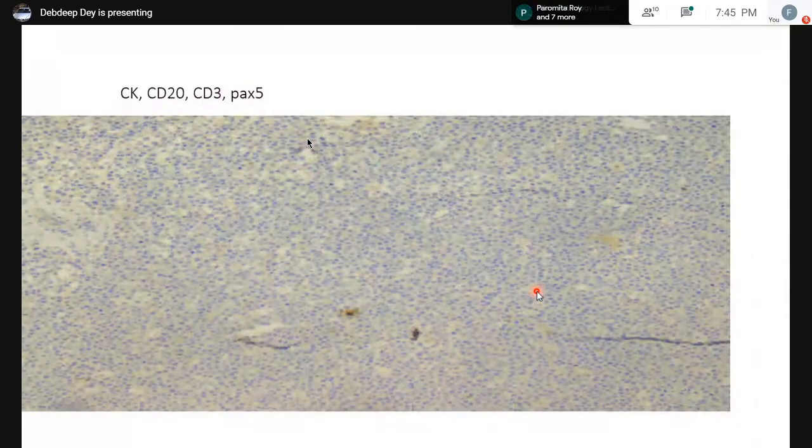When we did the markers, it was CK negative, CD20 negative, CD3 negative, and PAX5 negative. So whenever you think this is a lymphoma and all these markers are negative, you should start thinking about other things like myeloid sarcoma and plasmablastic lymphoma.